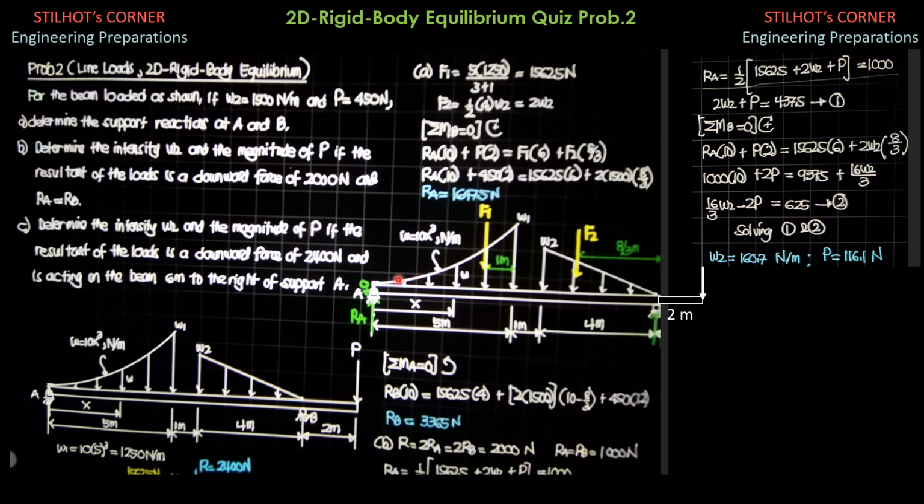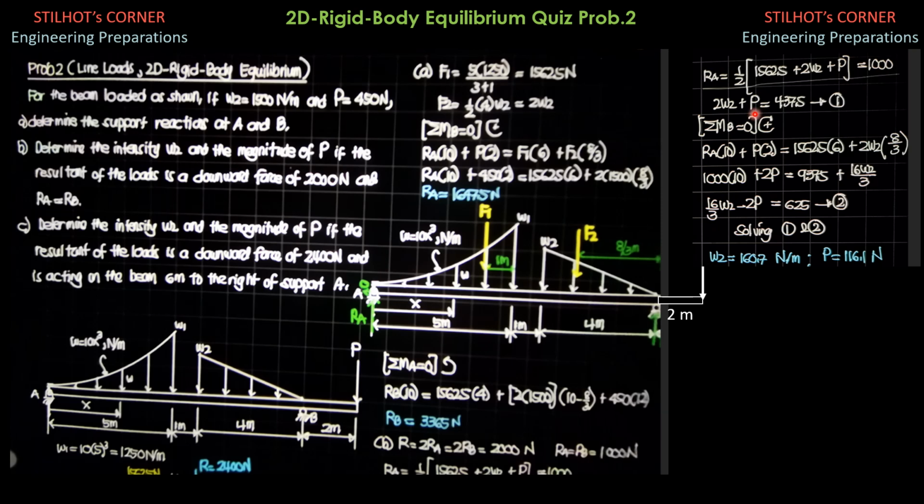Also, RA is the sum of these load intensities with W2 and P unknowns. So we have RA equals 1/2 of F1 1562.5 newtons plus F2, which is 2 times W2, then plus P. So setting up the first equation, 2W2 plus P equals 2000 minus 1562.5, that's 437.5.